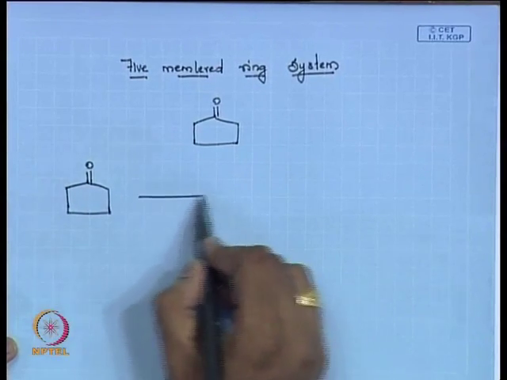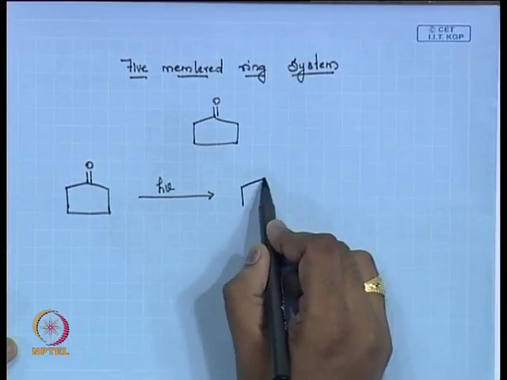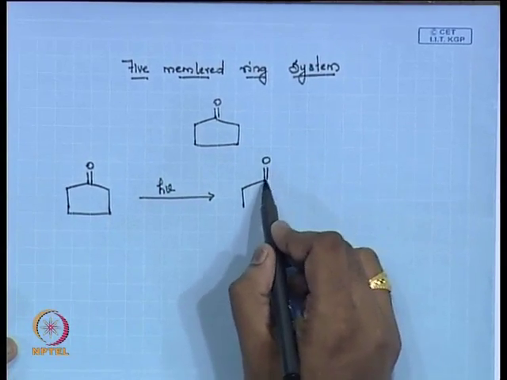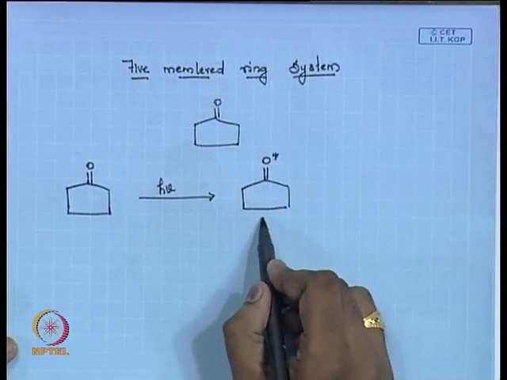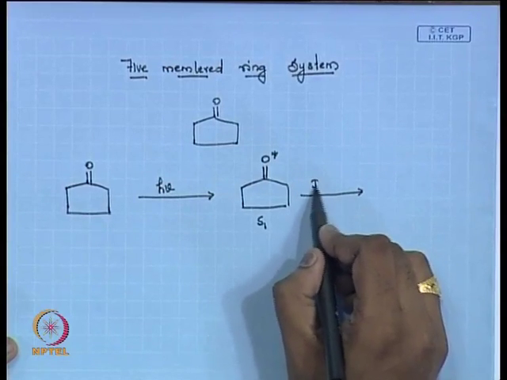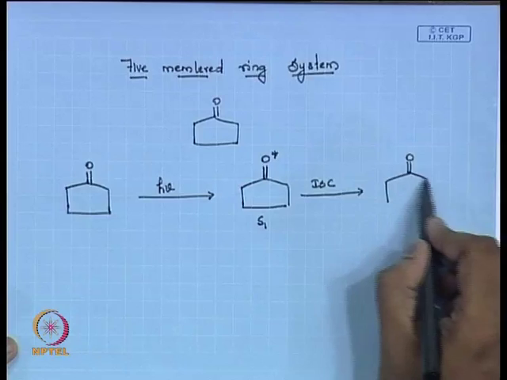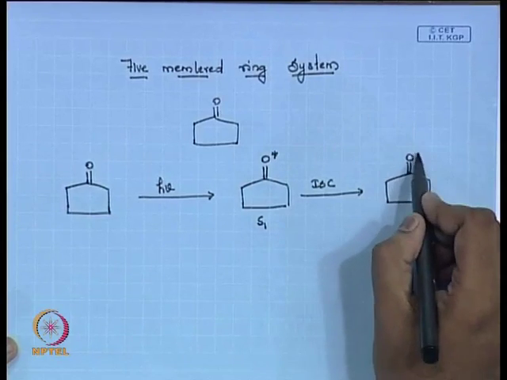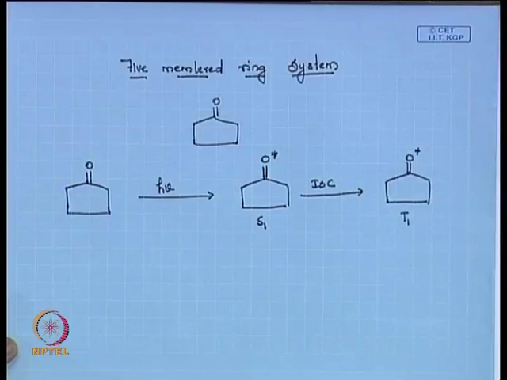So, S1, okay, then you get intersystem crossing, okay.